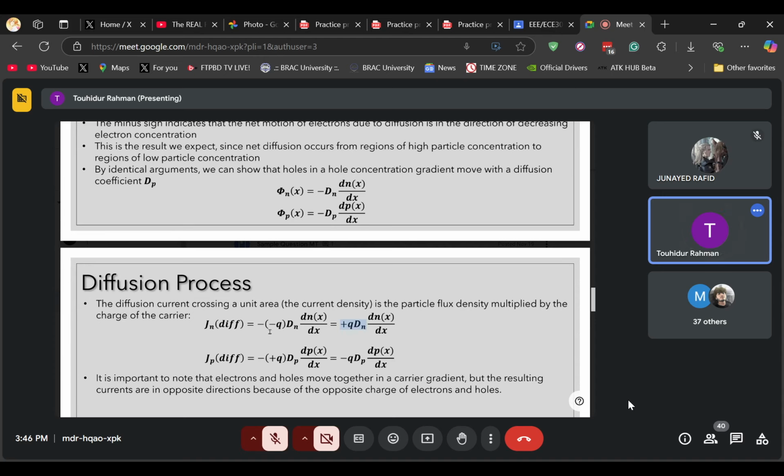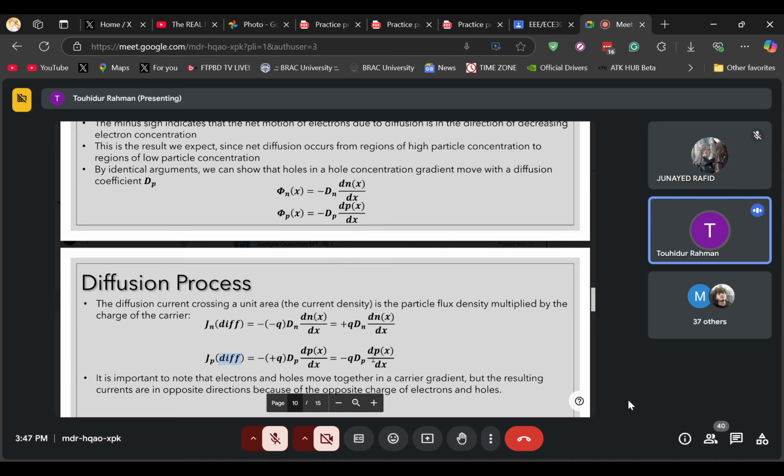But for hole, we usually take hole as positive sign, but the way the equation is derived, in the form of the initial equation, we have initially minus times plus Q. The final form, the diffusion current equation for hole, will have a negative sign at the beginning. And there is nothing we can do, it's just the way the equation is derived. We usually think of holes as positive. However, after derivation we can see the electron current will have a positive sign, but the hole current will have a negative sign. Okay, and I think I emphasized that in the class.